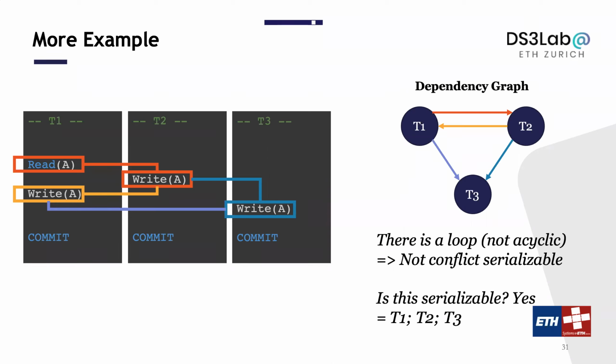So this schedule is equivalent to running T1, T2, then T3. It's also equivalent to running T2, T1, T3. As long as you run T3 at the end, it's going to give you the same result. So this is one example of a schedule that is not conflict serializable, but is serializable at the end.